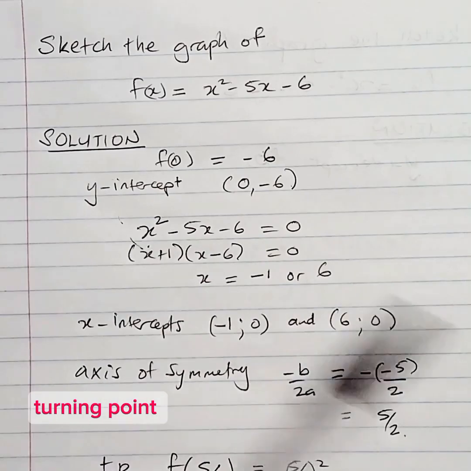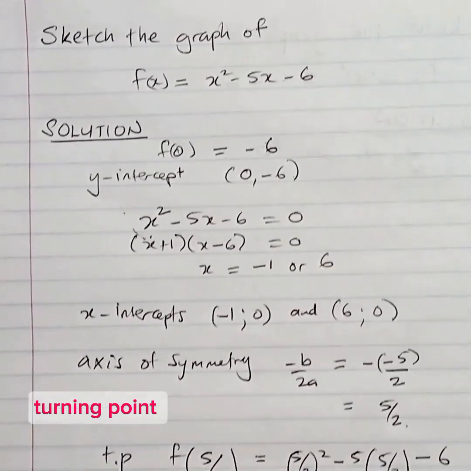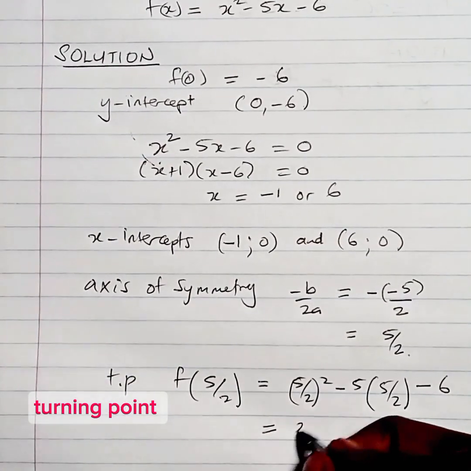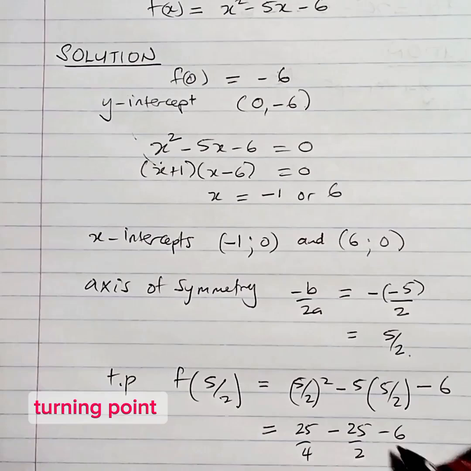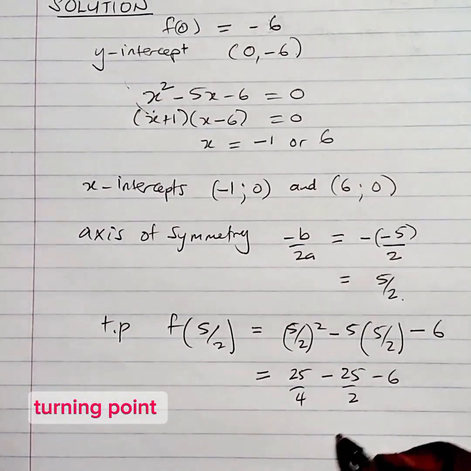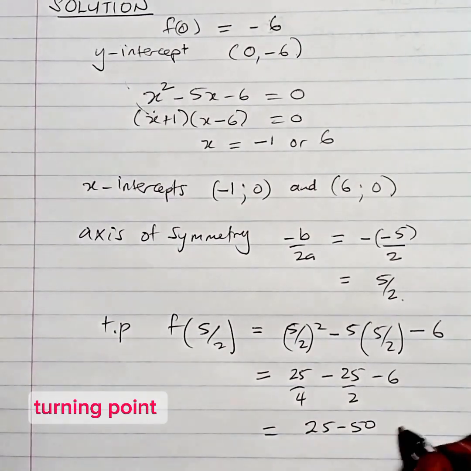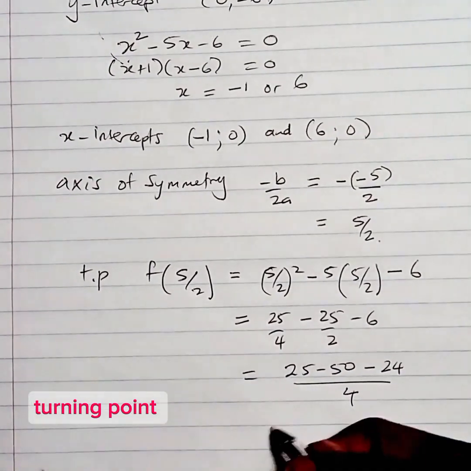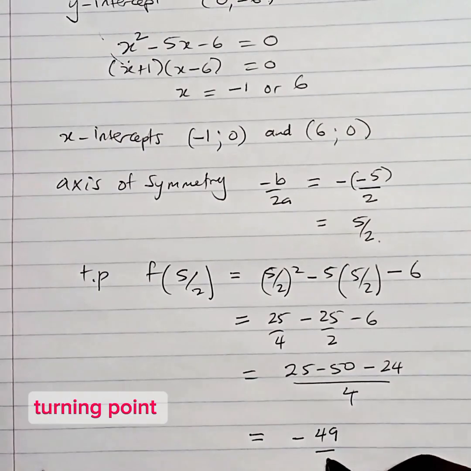If you substitute it in there, minus 5 times 5/2, minus 6, and that's going to give you 25/4 minus 25/2 minus 6, and that is going to give you, if I do the math here, 25 minus 50, then minus 24, that is all over 4 because of the lowest common denominator, and then the answer is surely going to be -49/4.